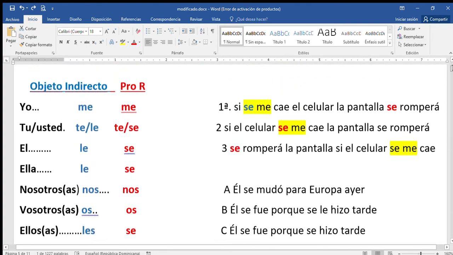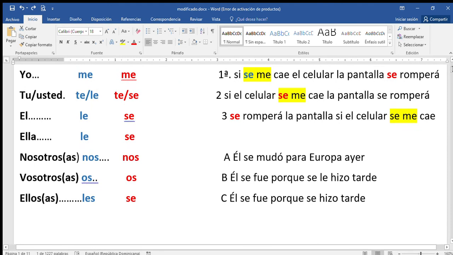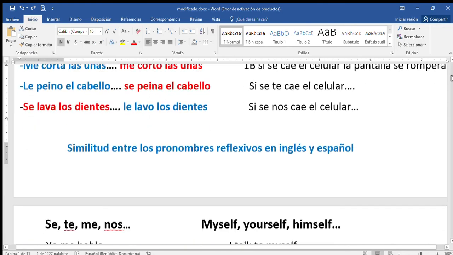Por eso no puedes poner en la segunda parte se, sino les, porque ya pusiste el primero te, que es el pronombre reflexivo. Entonces en el segundo va les. Tú te les irás a tus padres cuando te cases. Is that understood?